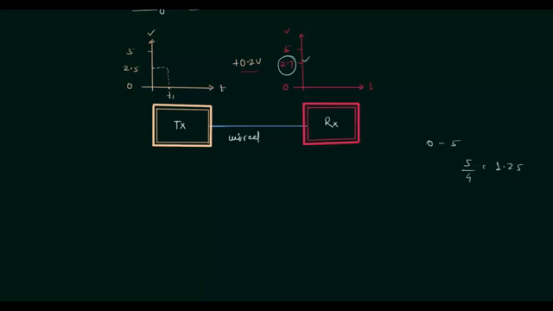So let's see what we have on the transmitter's end. 0, then we will have 1.25, 2.5, 3.75, and then 5.